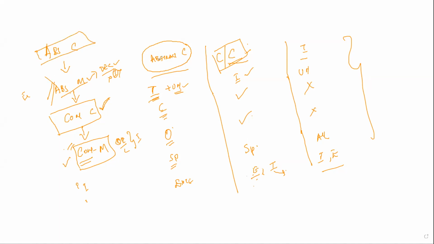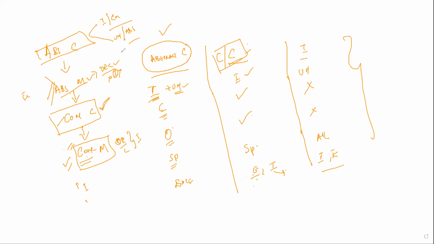As we discussed, an abstract class can have implemented methods and unimplemented methods, which means concrete methods and abstract methods. That is the definition. So just to recap the terminologies: concrete and abstract classes, abstract methods and concrete methods.